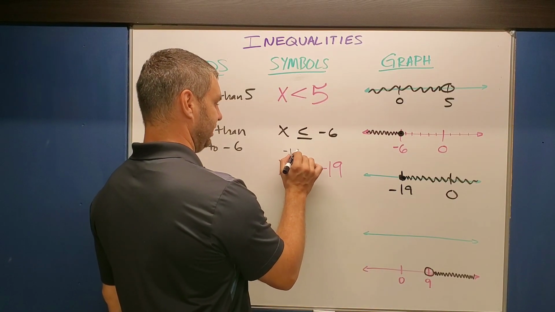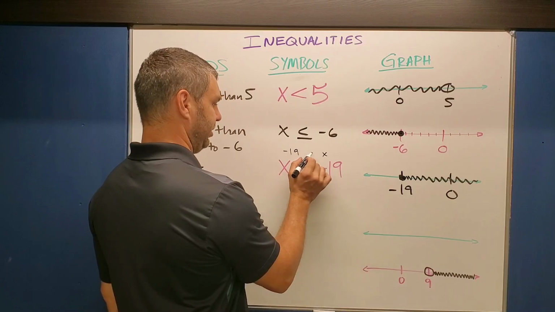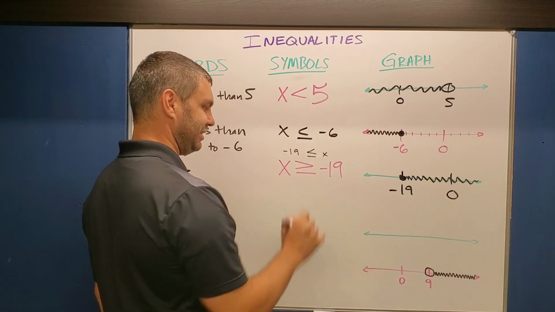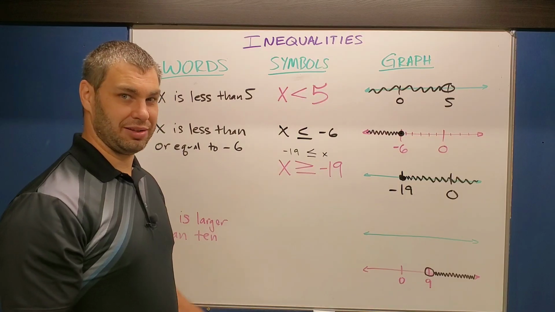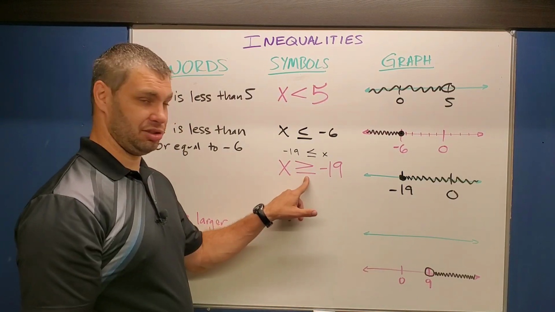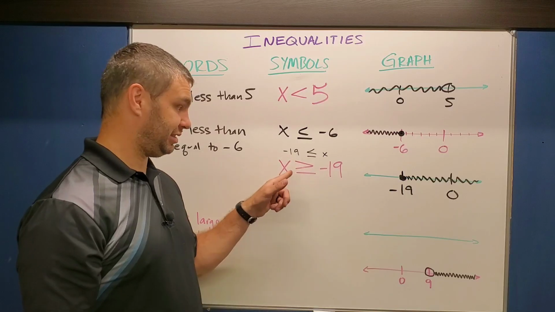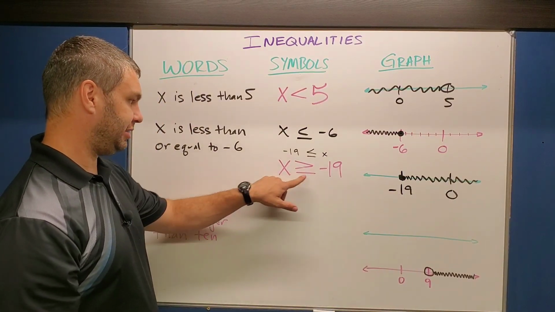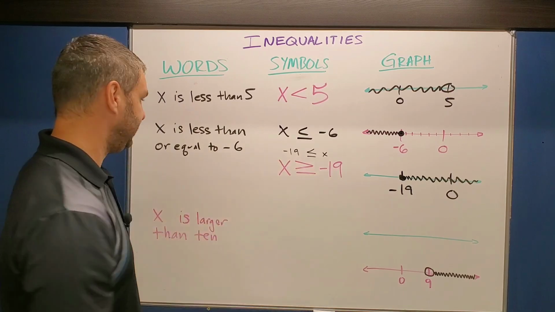If it doesn't, you might want to switch it. For example, this is the same thing. If I were to say -19 is less than or equal to x, there the variable doesn't come first. So you might want to switch that first so it does, and then you can shade the way that the symbol is pointing. The words for that one: x is greater than or equal to -19. Let's write that down.